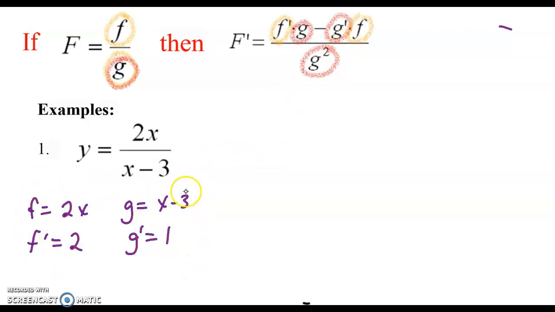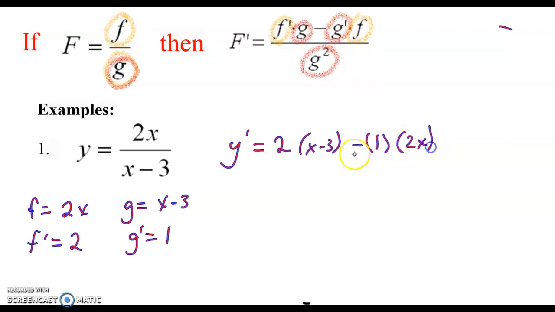This is going to be handy when we get to the chain rule, for example, in 4.8, also 4.9 and 4.10, where we need to define the parts of the original function and their derivative. So now we can just say y prime is equal to f prime, 2, times g, x minus 3, subtract g prime, 1, times f, all over g squared.